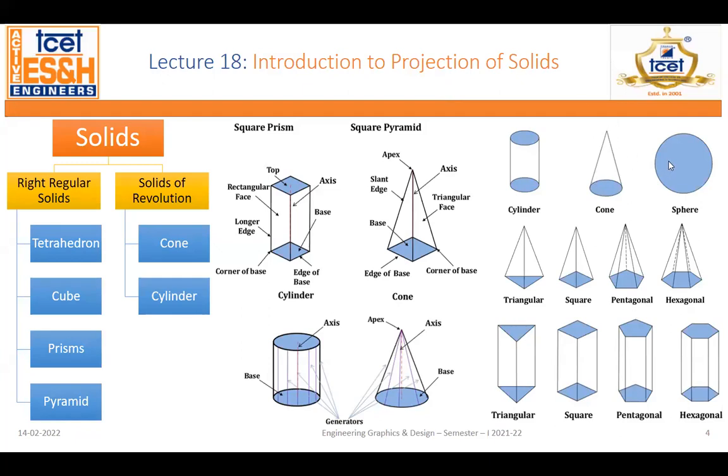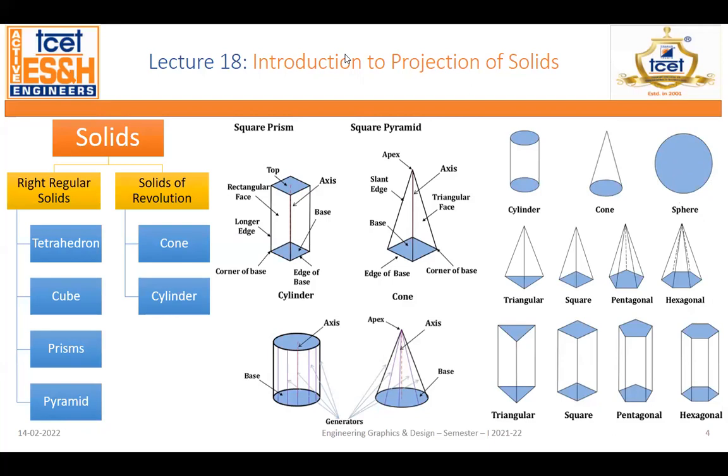Now, similarly, what about the sphere? A sphere is something which is made up of a number of curved generators. If you draw a circle and rotate the circle by 360 degrees, it creates a sphere, isn't it?